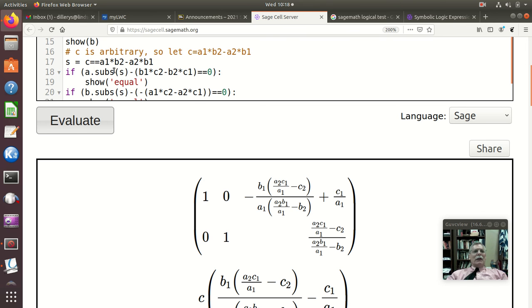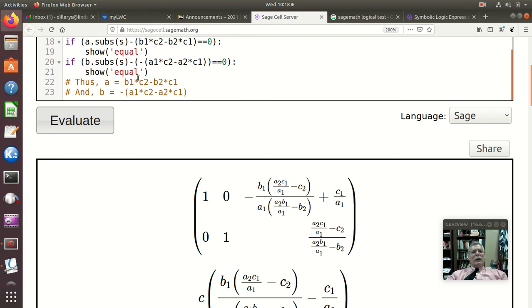So then what I thought was, okay, I'll substitute that in for C, and then I'll just check if A minus this value, B1C2 minus B2C1, is 0. If that's 0, show me that it says equal.